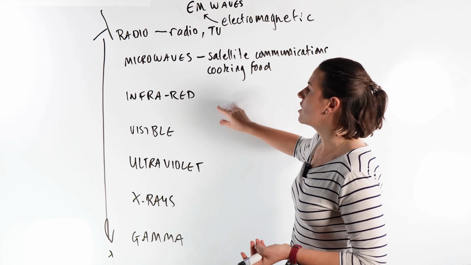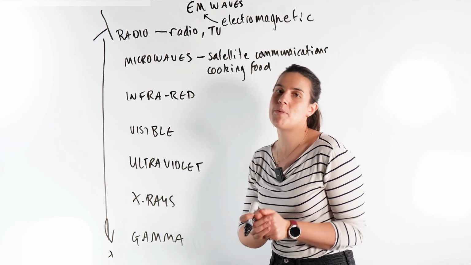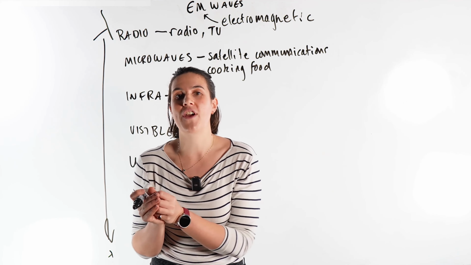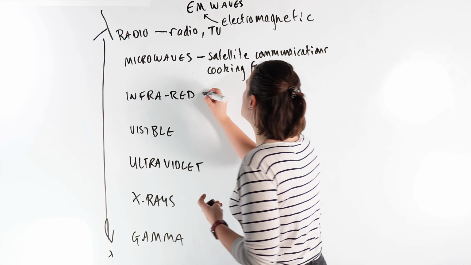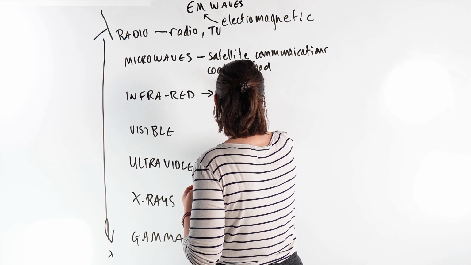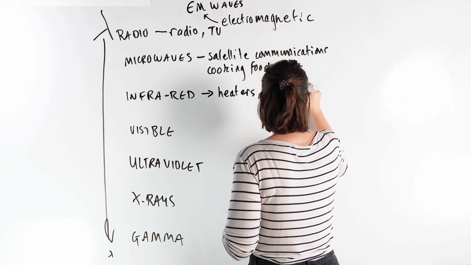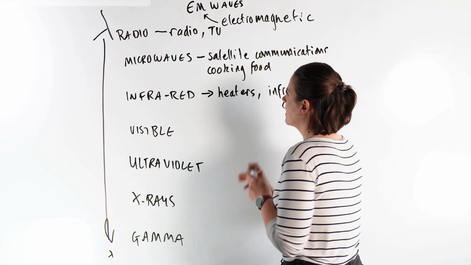Right, next up we've got infrared. Now, infrared radiation is the type of radiation given off by hot objects. I'm going to teach you more about infrared radiation in a later video. So all we need to know for the uses is we use it for heaters and in infrared cameras.